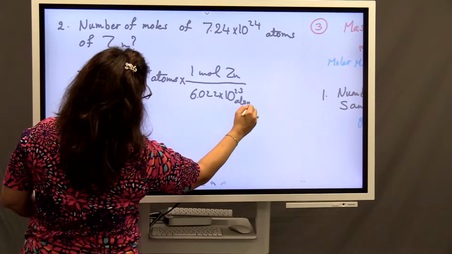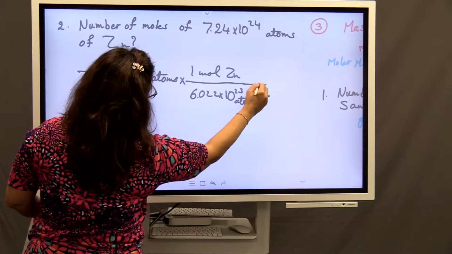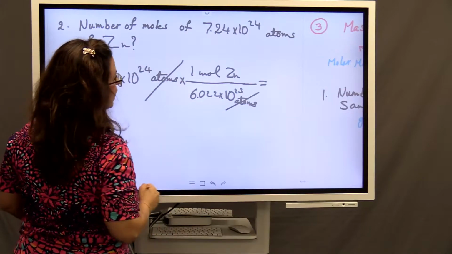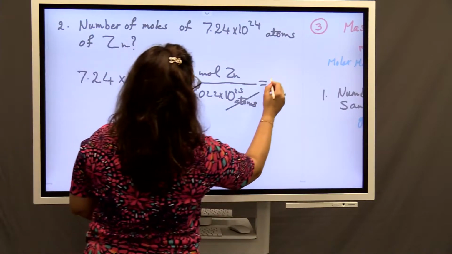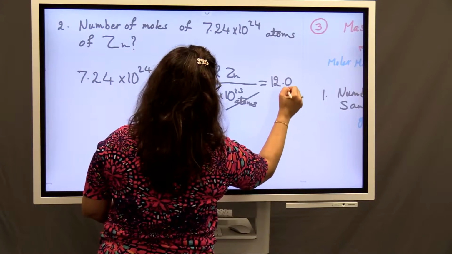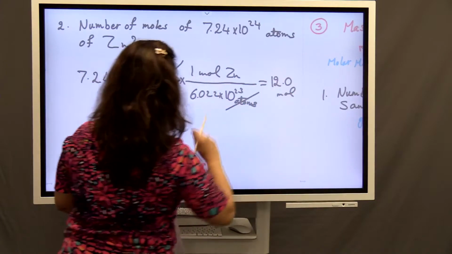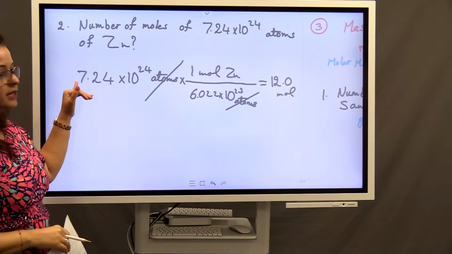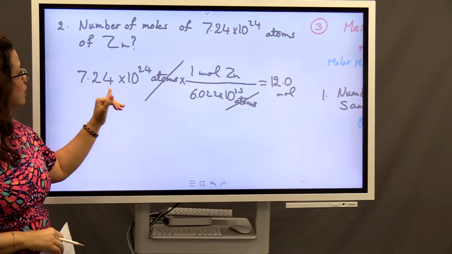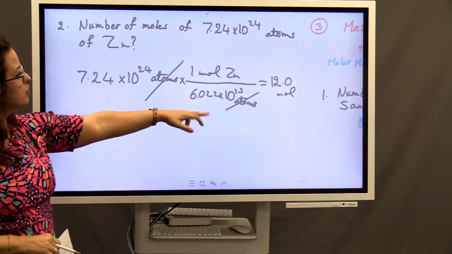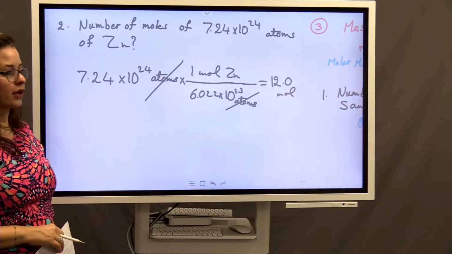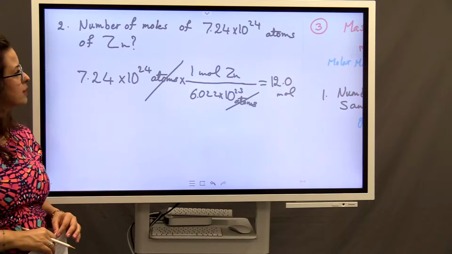In this case we have atoms. So we cancel atoms and atoms. How many moles does it give us? 12 moles. You divide 7.24 times 10 to 24 by 6.022 times 10 to 23. It gives you the number of moles.